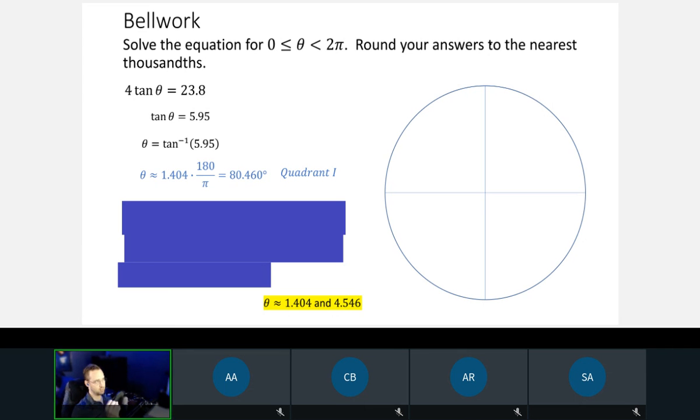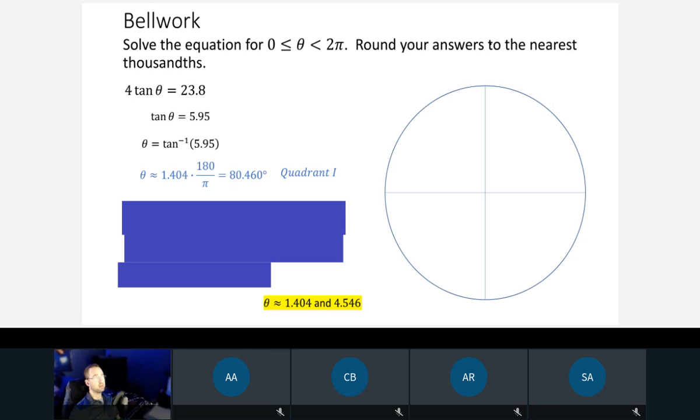But when we convert it to degrees, seeing 80.46 degrees, we can visualize that in our head, saying, hey, that's quadrant 1. That's really what we wanted to get from this part. We're not using the degrees other than to tell us where it is, if that makes sense. So we are in quadrant 1.